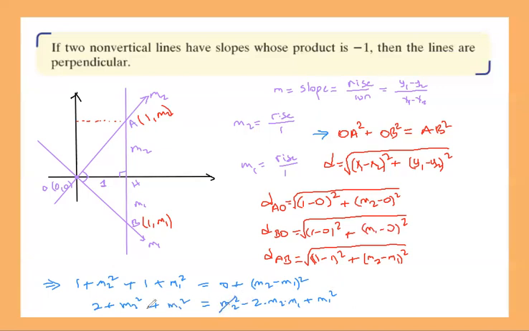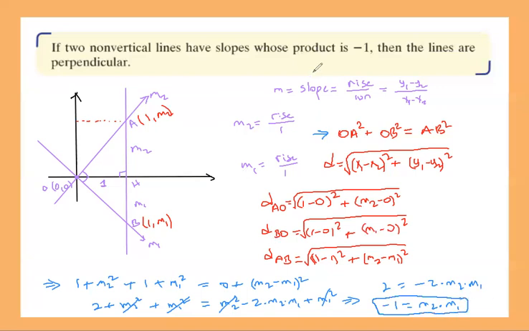And we see that the m2 squared and m1 squared will cancel, and then you have only 2 equals -2 times m2 times m1. If you divide both sides by -2, you will get -1 equals m2 times m1. So you can change those to m1 times m2, which is what we were trying to prove.